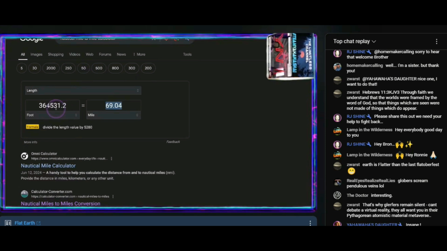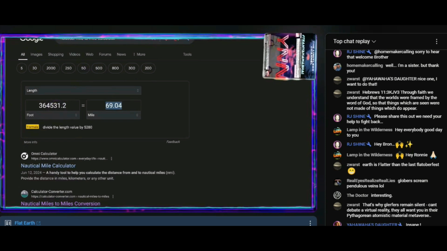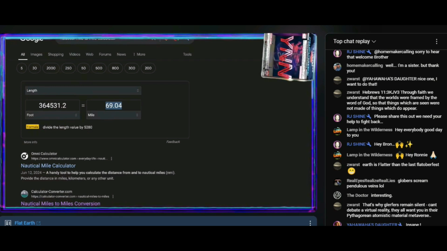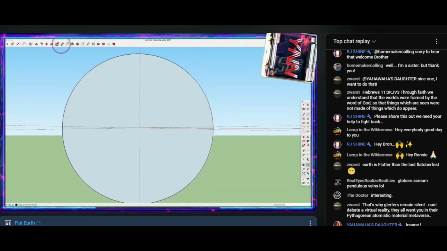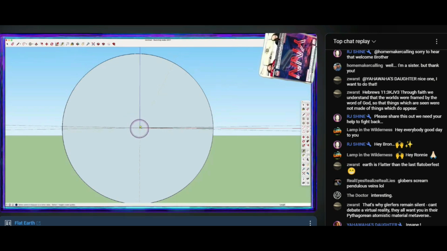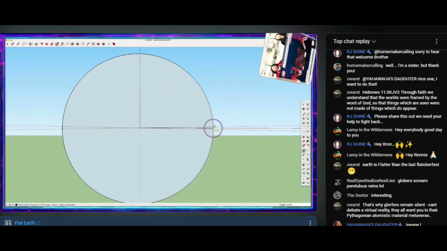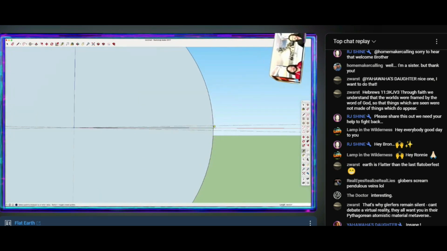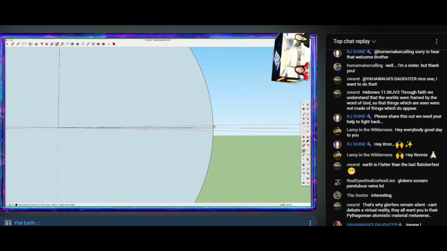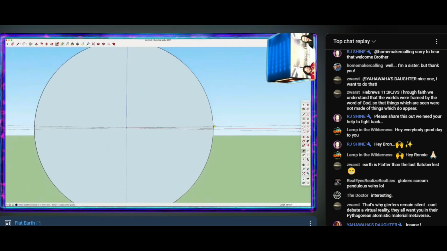The reason I'm doing that is because I can't put miles into SketchUp. So I have to scale. This is 364,531 feet. All right, so that is our 69 miles right there.